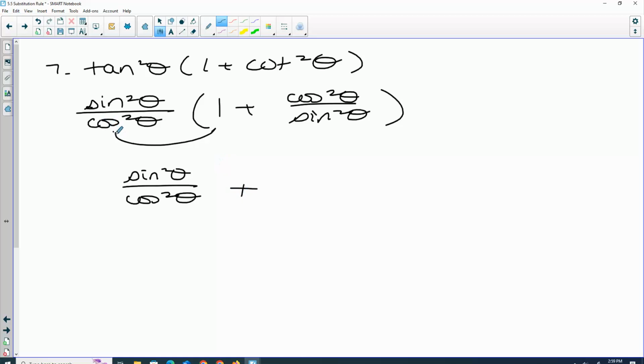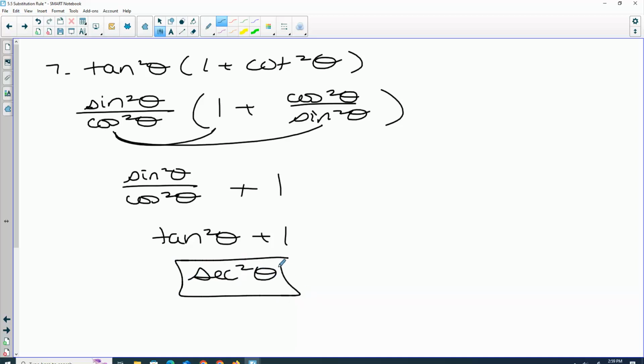When you multiply these, what happens? Everything cancels and leaves me with 1. So I have tangent squared theta plus 1. You could have also done 1 plus cotangent squared, that Pythagorean identity to start with. You could have changed cotangent to 1 over tangent squared and worked from there. So several options.